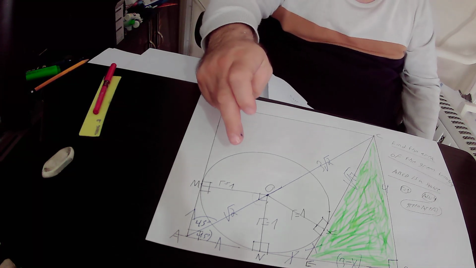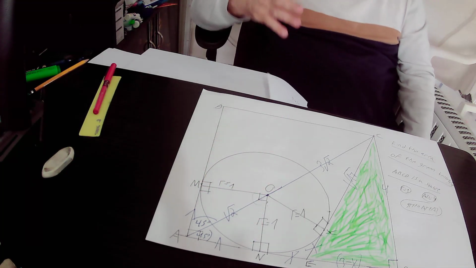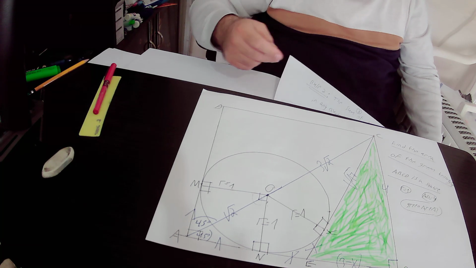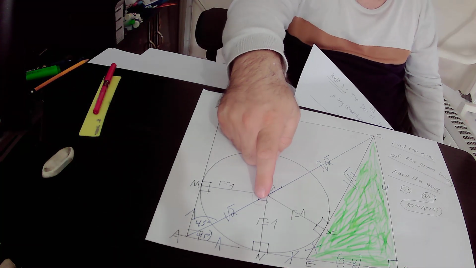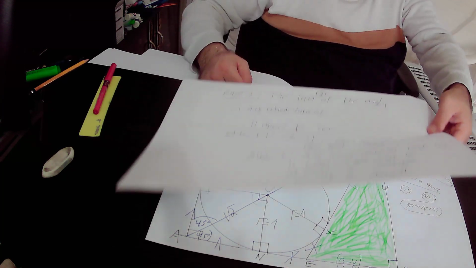Quadrilateral MOAN has 3 right angles, 1, 2, 3, and the sum of 3 right angles is 90 times 3, it is equal to 270 degrees, plus the size of the fourth angle that is defined as angle X must be equal to 360 degrees.